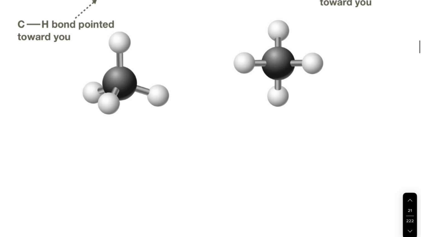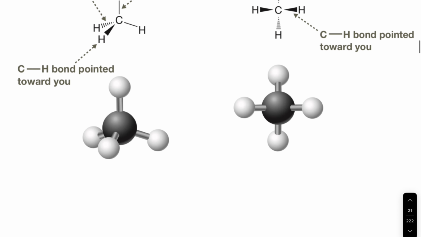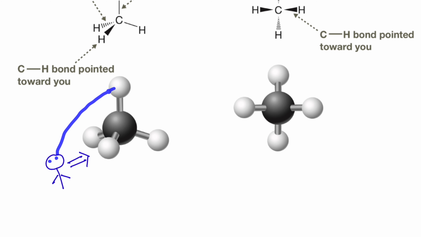And how do we convert this wedge-dash formula into Fischer projection formula? In order to convert wedge-dash formula into Fischer projection formula, you have to see the molecule between these two bonds. Here this is above the plane and this is below the plane. When you see the molecule between these two, this is away from the observer, this is also away from the observer.